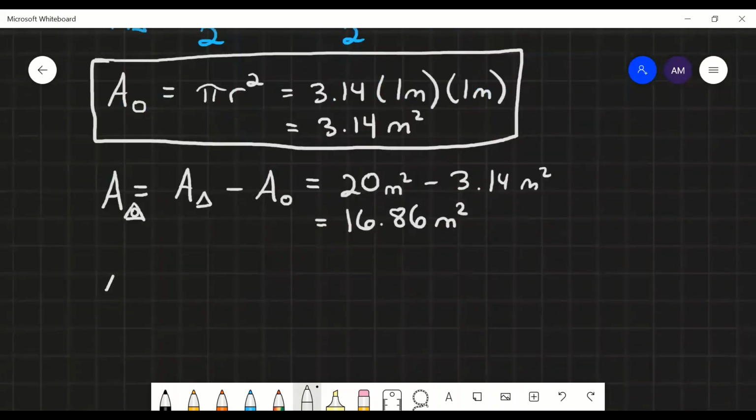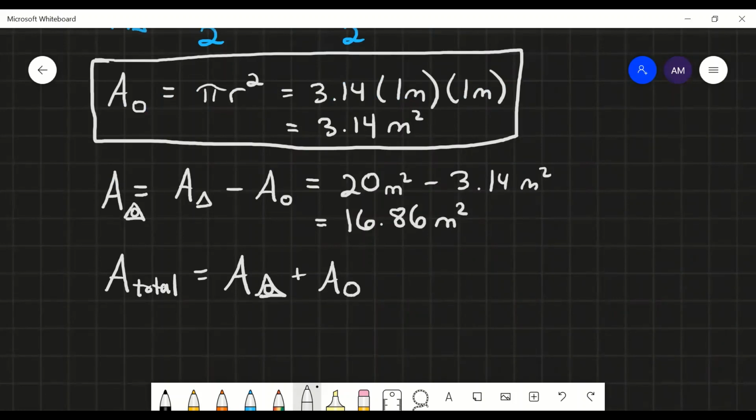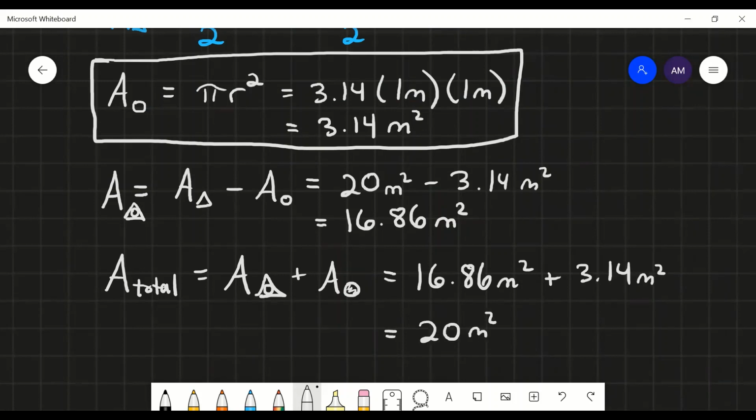So the total area equals the area of the triangle with a hole in it plus the area of the circle that's colored in, which is the same as the circle that was missing, which will be 16.86 meters squared plus 3.14 meters squared. It turns out it makes 20 meters again, 20 meters squared.